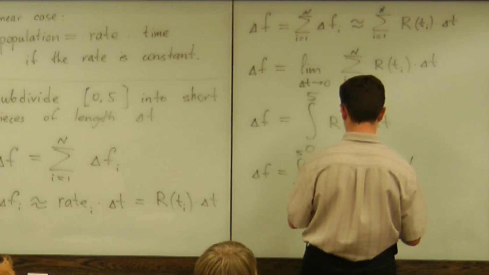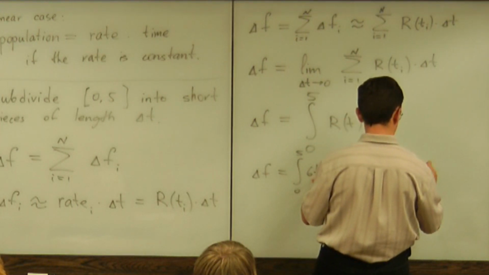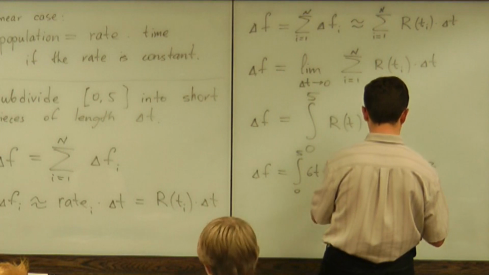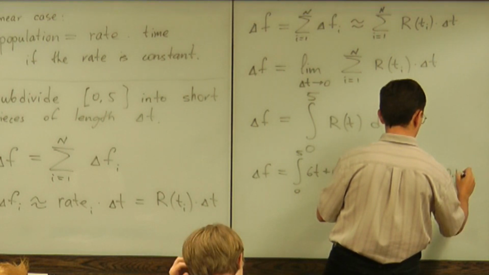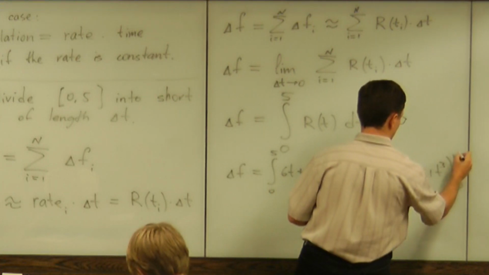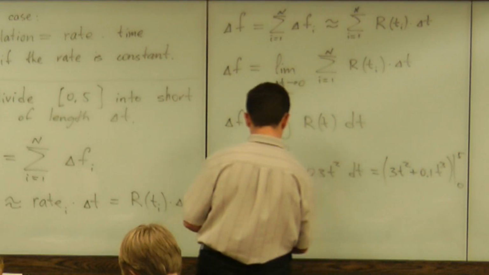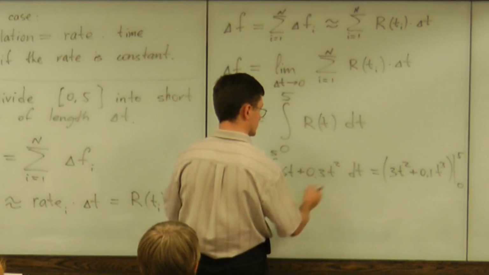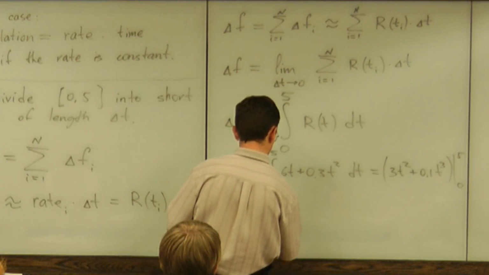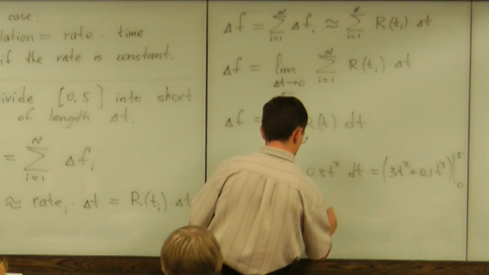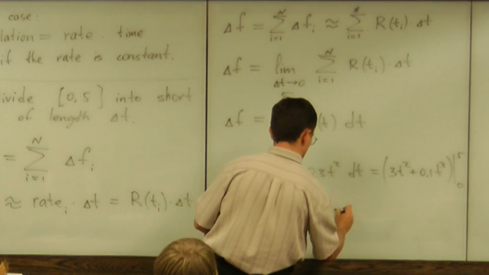And that is, antiderivative of this is 3t squared plus 0.1 t cubed, evaluated at 0 and 5. At t equals 0, it's equal to 0. When t equals 5, it's 3 times 5 squared plus 0.1 times 5 cubed.